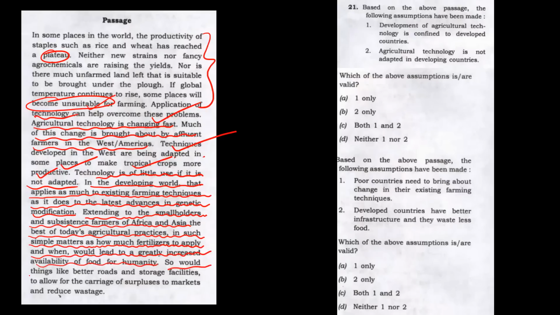So would things like better roads and storage facilities to allow for the carriage of surplus to the market and reduce food wastage.